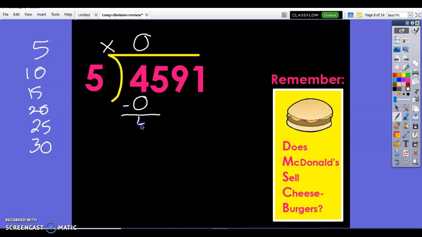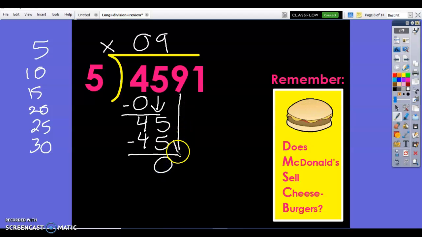You subtract. This is a 4. This is a 5. 5 divides into 45 9 times. 9 times 5 is 45. You subtract. Bring it down. 5 divides into 9 1 time. 5 times 1 is 5. You subtract.